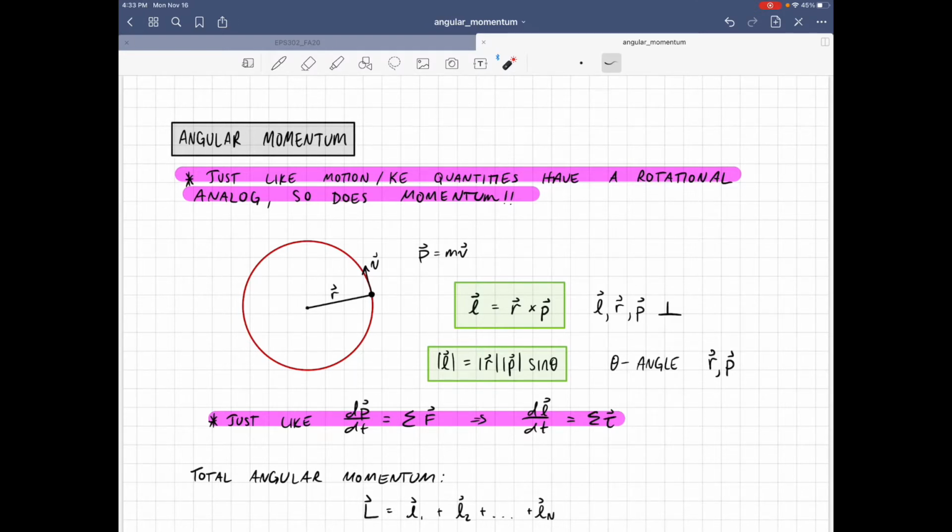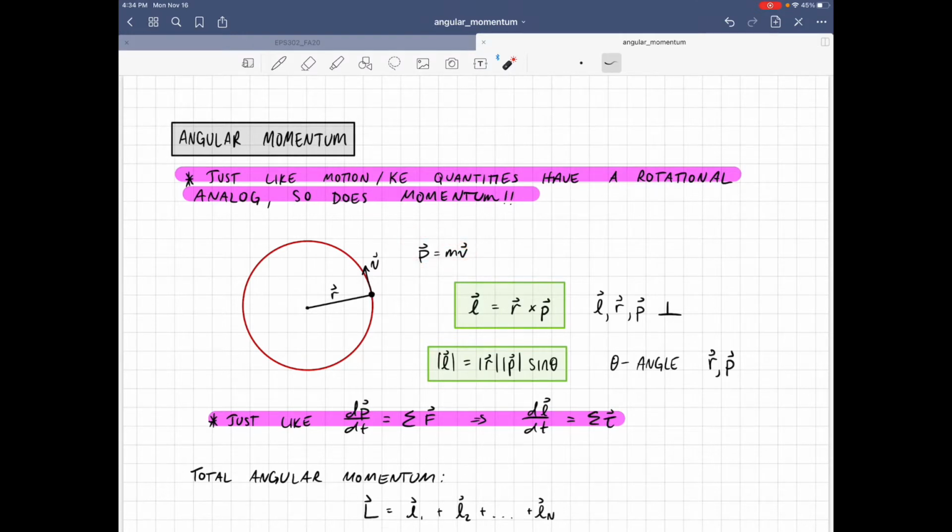And so the idea here, just like we introduced with angular motion, we've got an object going around in a circle, so you can describe the distance r from the center of the circle. You can talk about that translational velocity, which of course is connected to a momentum, right?